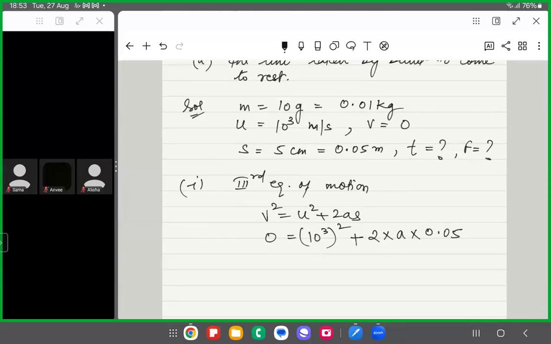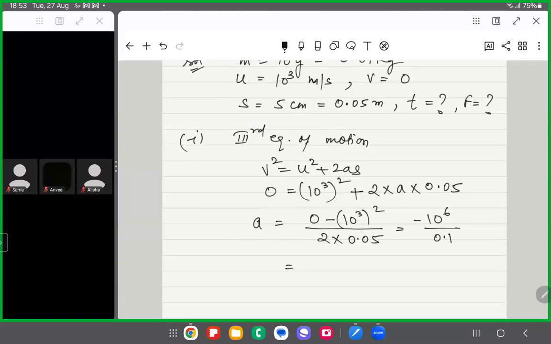So find this. So A will become 0 minus 10 to the power 3 whole square upon 2 into 0.05. Getting that? So this is 10 to the power 6 minus, getting it? 2 into 0.05 will become 0.1, right?